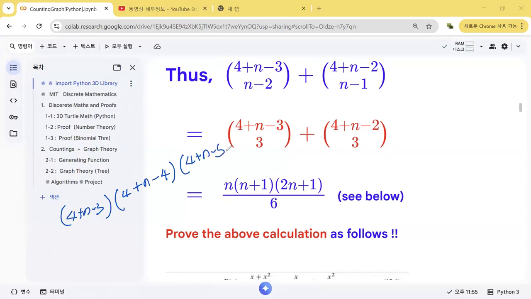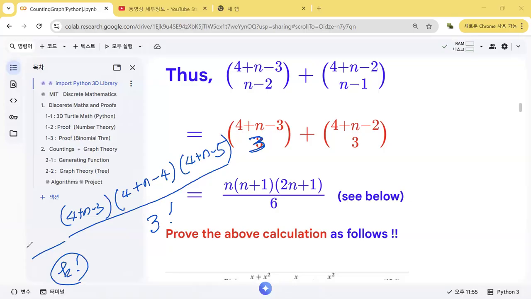So in the numerator, three values appear, and the denominator is k factorial, which is 3 factorial. So in fact, this is k factorial, and the above one is k many decreasing values.